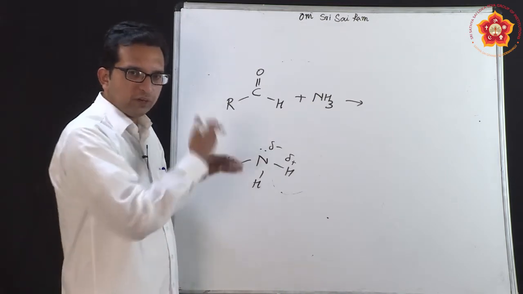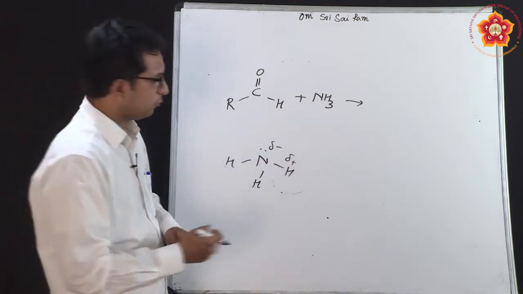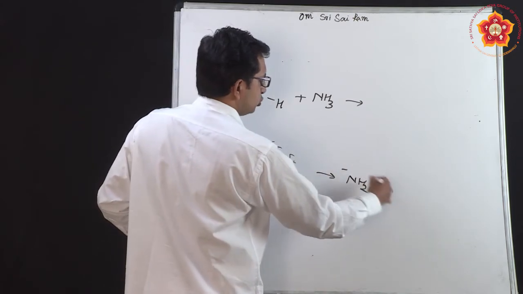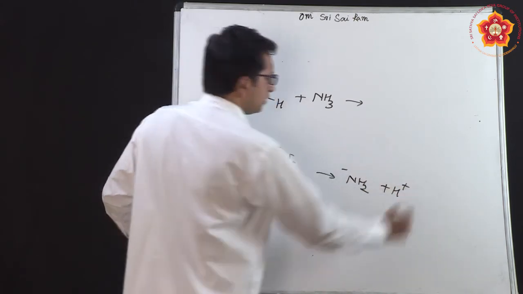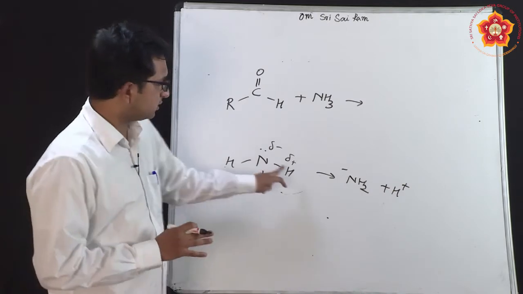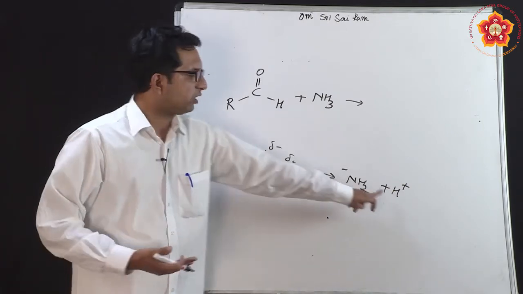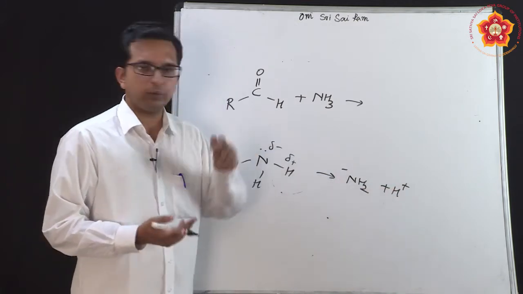If we induce a splitting here, it can definitely split as NH2 minus and H plus, the reason being hydrogen is comparatively more electropositive.